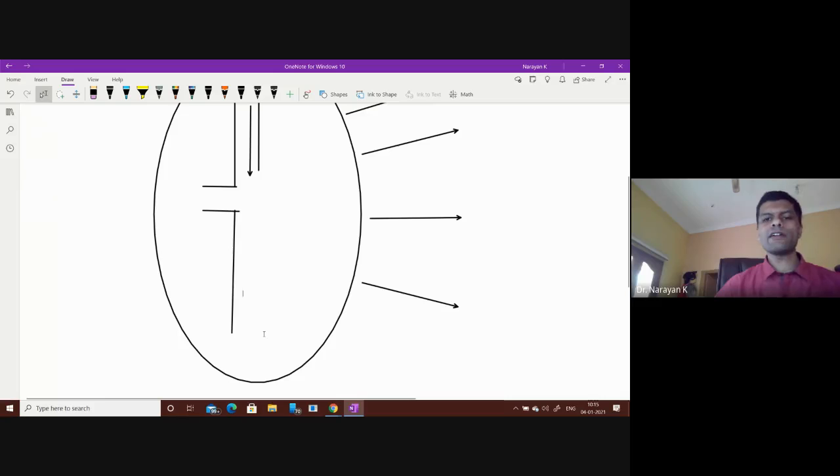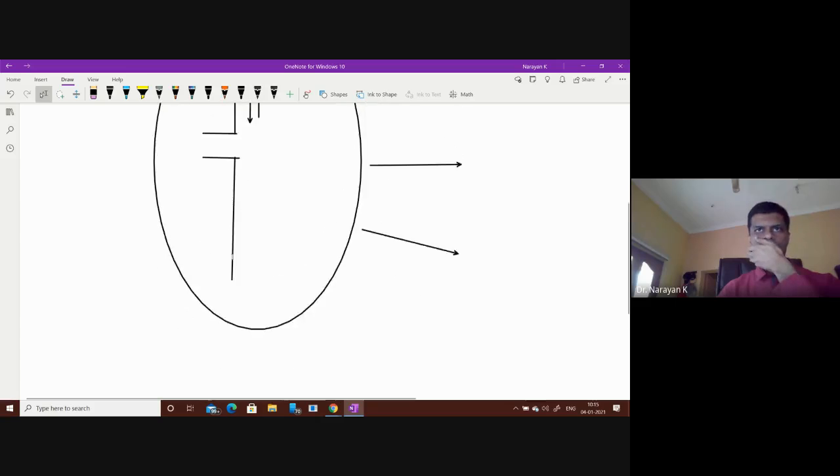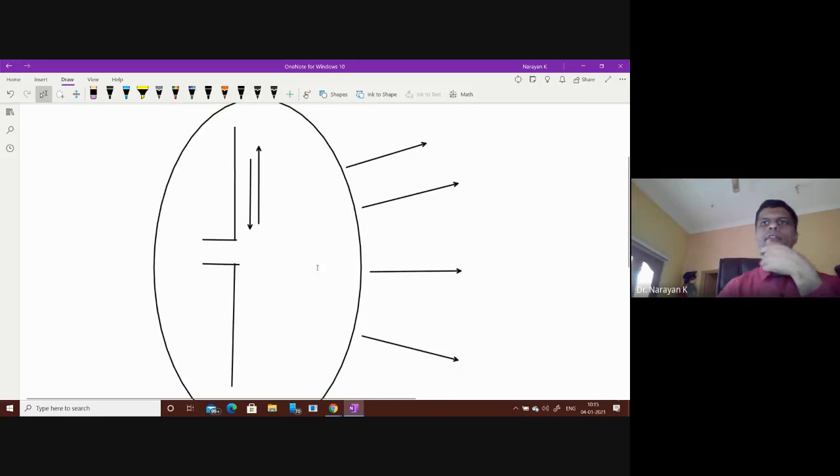I will be sharing the syllabus with you shortly. This is one of the questions which is going to be asked. This is the dipole antenna, and this is the radiation which is happening.